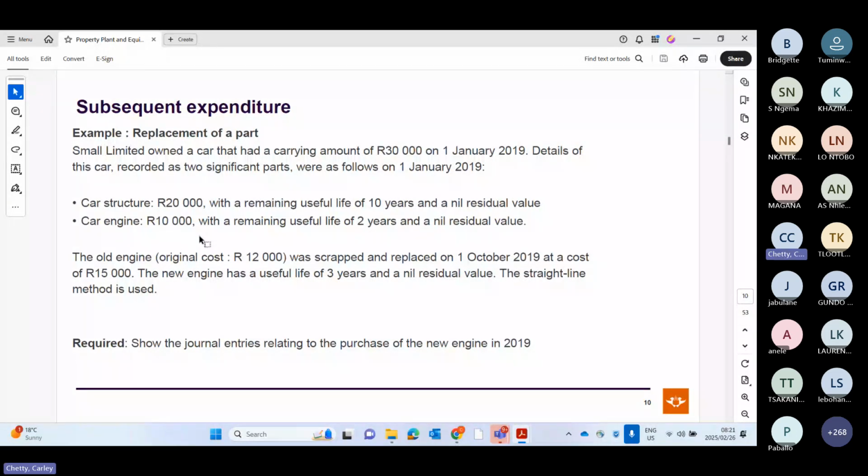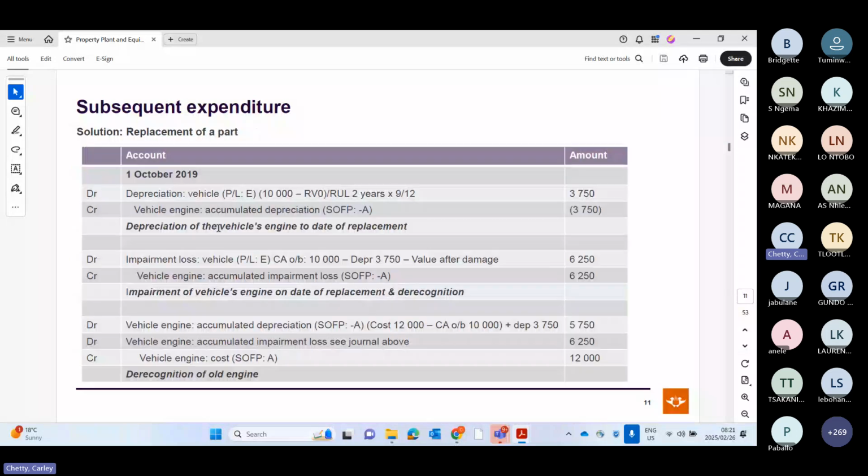So here we have our journal entry. The question says that on the 1st of October the old engine was scrapped and replaced at a cost of 15,000. We need to scrap the old engine before we can record the new engine, so we need to process the depreciation first for the car engine.